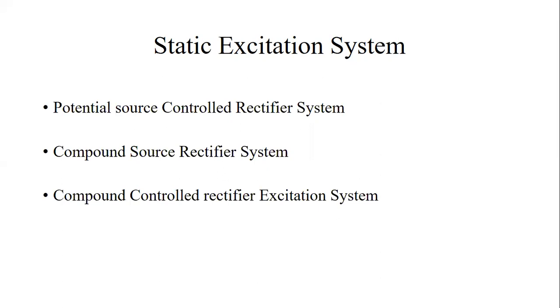In the case of static excitation system, static rectifiers, controlled or uncontrolled, supply the excitation current directly to the field of the main synchronous generator through slip rings. The supply of power to the rectifiers is from the main generator or the station auxiliary bus through a transformer to step down the voltage to an appropriate level, or in some cases from an auxiliary winding in the generator.